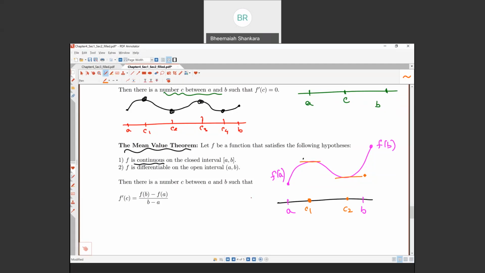Now the theorem says that there is a number c between a and b such that you can define the slope as f(b) minus f(a) divided by b minus a. So you take the endpoints. This is your typical formula from pre-calculus, rise over run, and you calculate the slope.